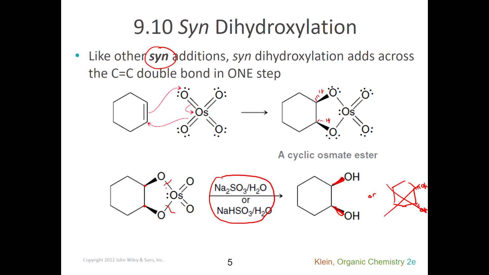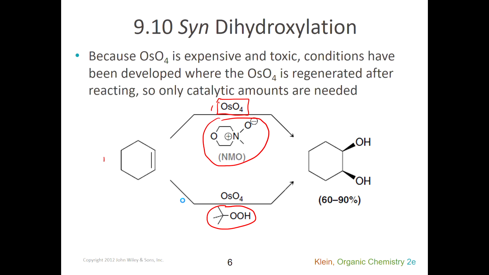So instead of removing it and leaving it in a reduced state where it can no longer react, these two reagents, we're not going to get into much detail there, are used to re-oxidize the osmium back into the form of OsO4. So one molecule of osmium tetroxide can react, and then this molecule is used up to regenerate the OsO4 into its original form, and then it can react with another alkene.